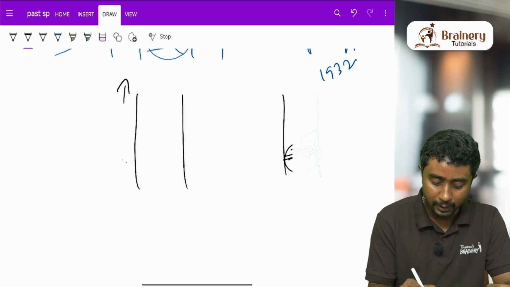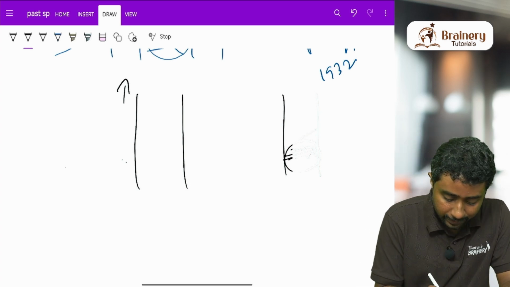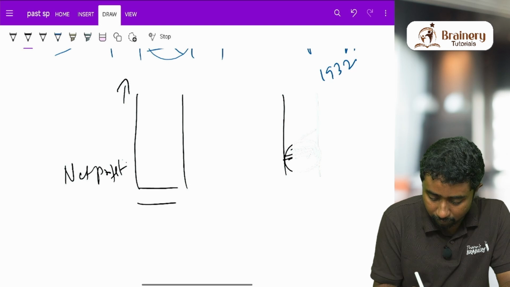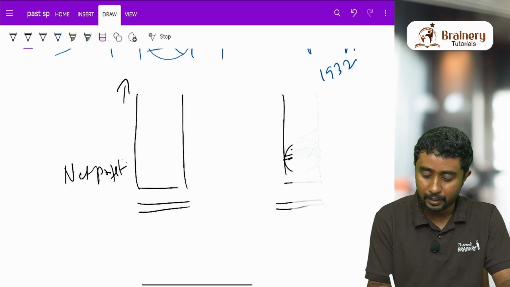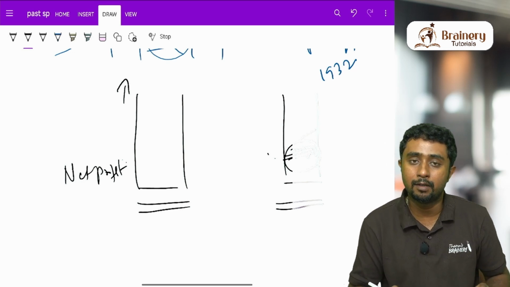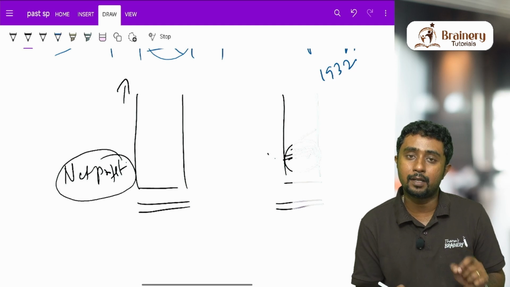If suppose the expense side is less and the income side is more, what will you write here? Net profit. Why? Then only the total will become the same, right? If you write net profit on the right side, the total will again become different. So this is basically the balance of that particular account, right?